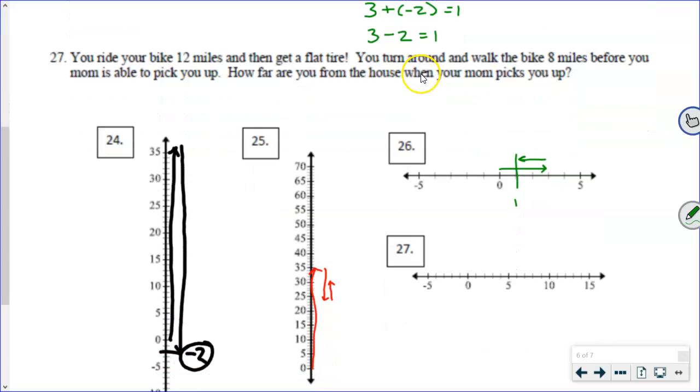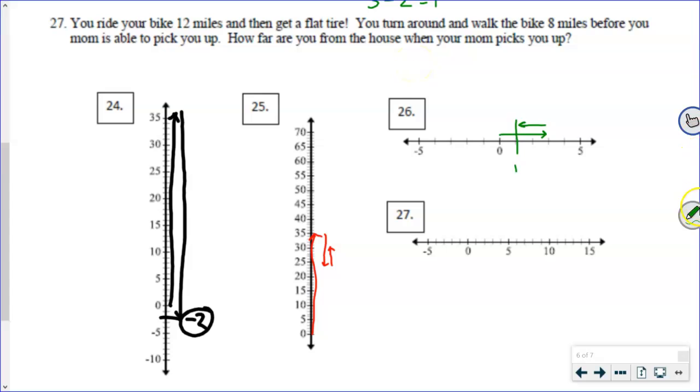You ride your bike 12 miles and then get a flat tire, so you turn around and walk the bike 8 miles before your mom can pick you up. So we're going forward 12 miles and then have to turn around and come back 8. There's 1, 2, 3, 4, 5, 6, 7, 8. So we end up here at 4, and again we can model that with 12 plus a -8 is equal to 4.